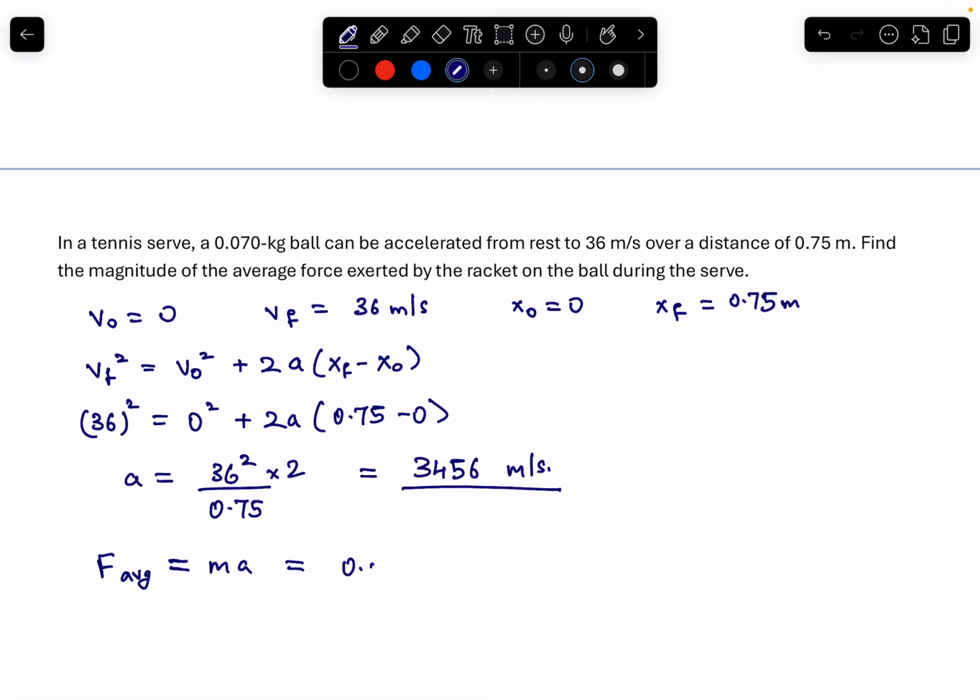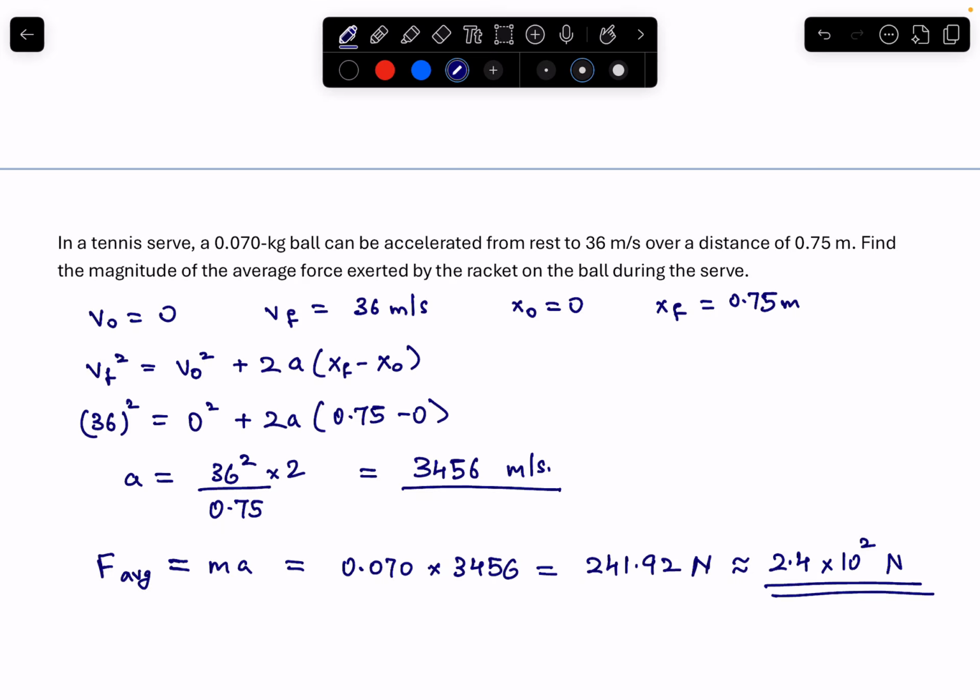This equals 0.070 times the acceleration. So the value I get is 241.92 newtons. Let's look at the significant digits. Everything is 2. So I'll say this is 2.4 times 10 raised to 2 newtons.